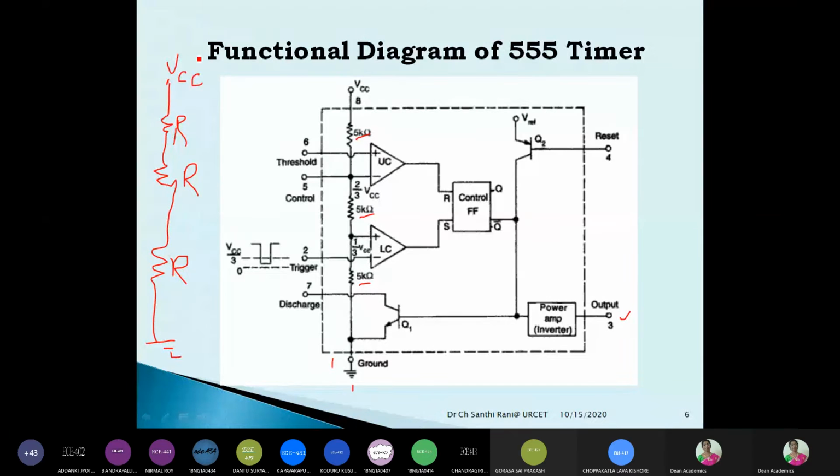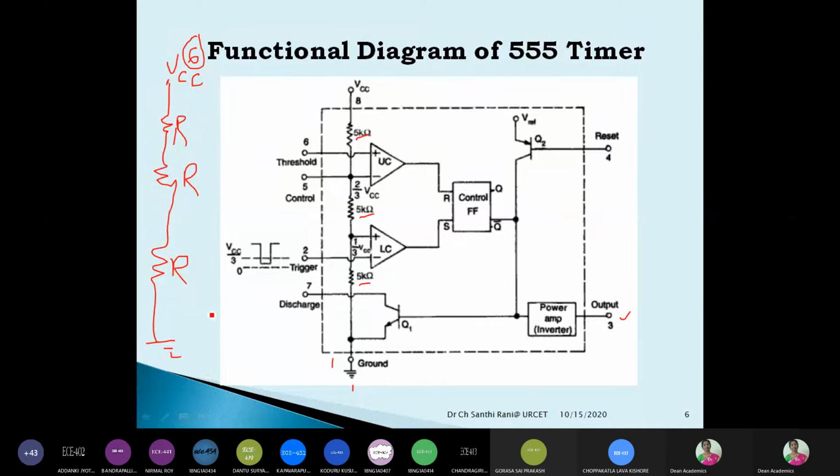Now, for example, if VCC is equal to 6 volts, for convenience sake, I am giving you a numerical example. Any voltage you can apply. So for convenience sake, I am saying VCC is equal to 6 volts. Then what will happen in this series circuit? Voltage will be dropped from ground to VCC.